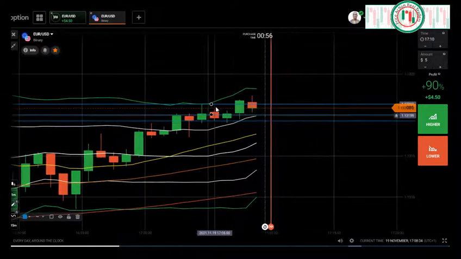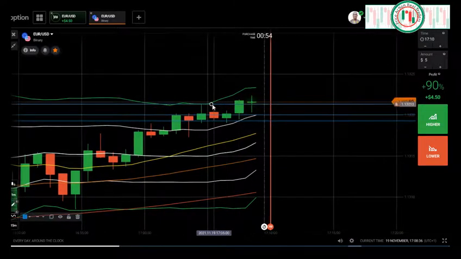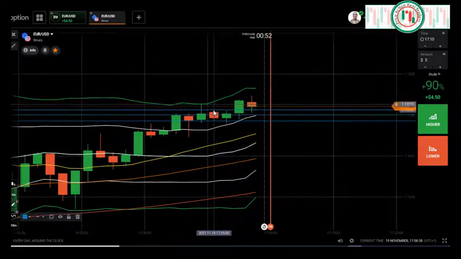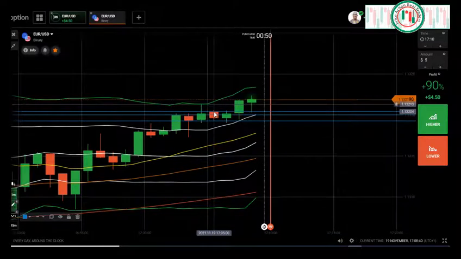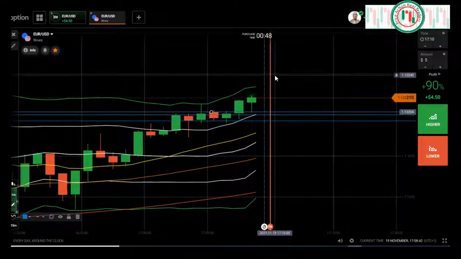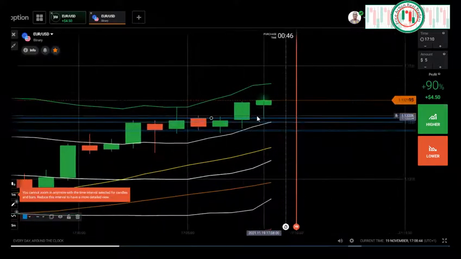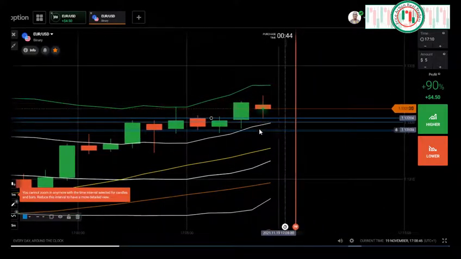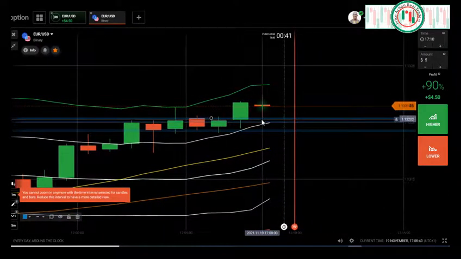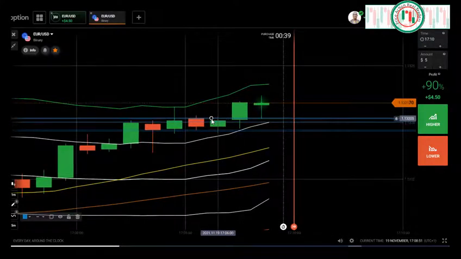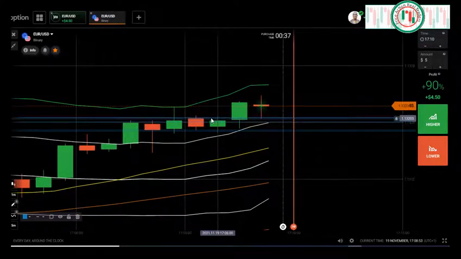So here you see, yes, here is the strong level. This is a strong level. So if market close at this level, I'll place my trade call option.